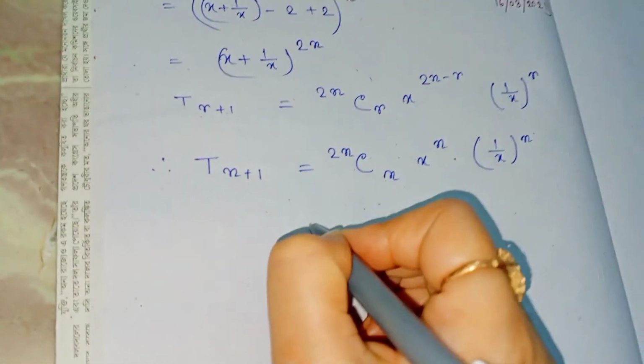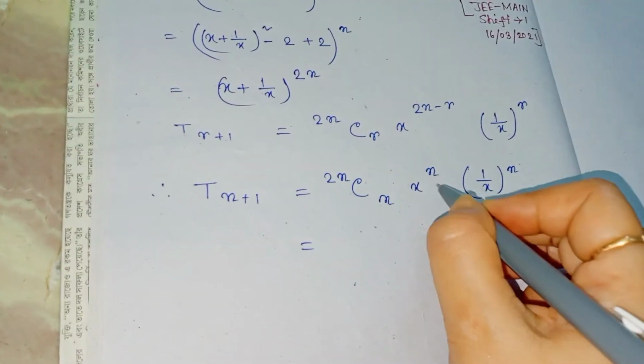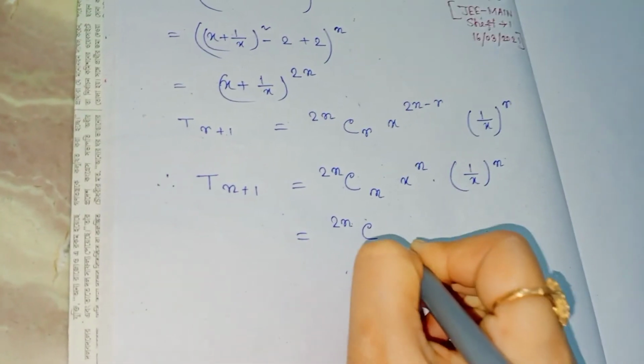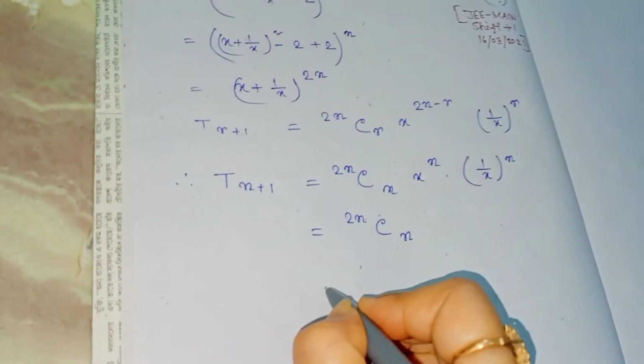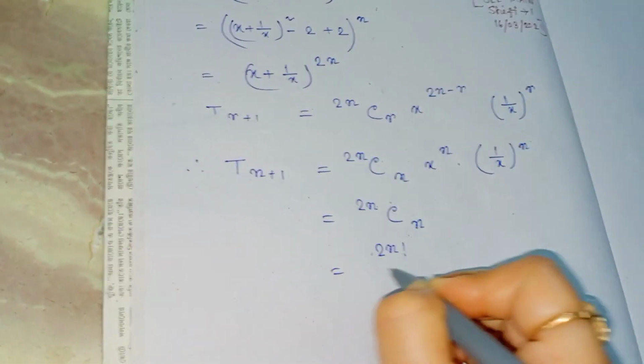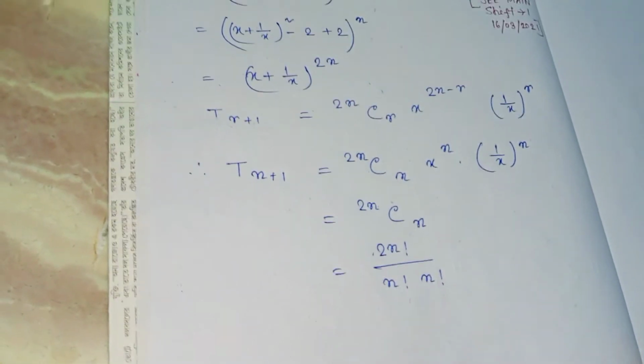So x to the power n and 1 by x to the power n, x^n is cancelled off. So 2n C n. Therefore it becomes (2n)! divided by n! n!.